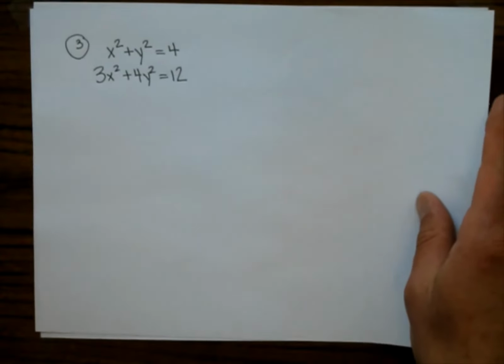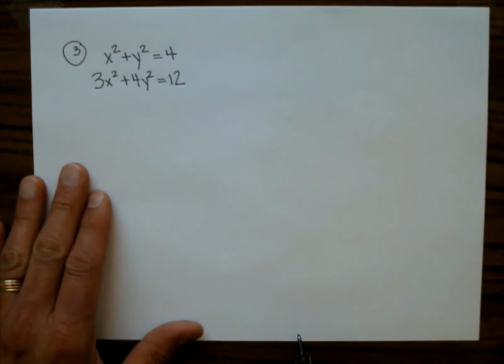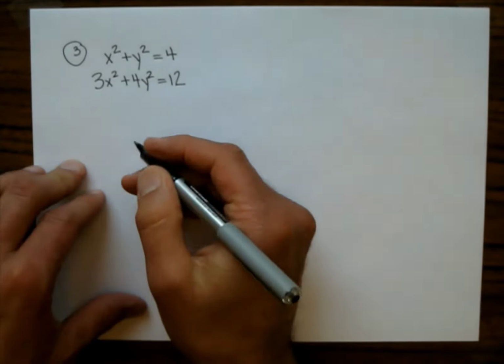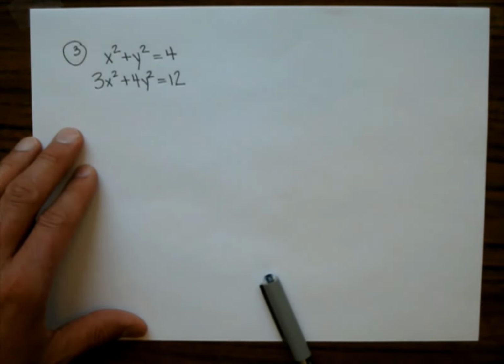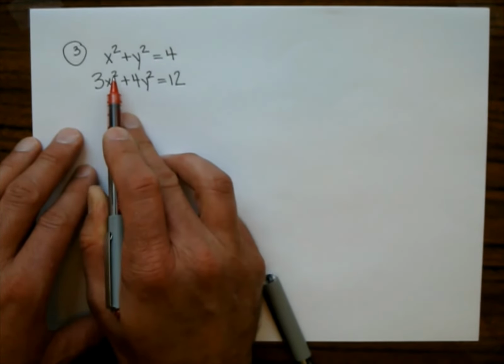Problem number 3, I'm going to keep the ellipse again, and I'm going to change the circle so it's a little bigger. We're going to see what we get for the answer. Multiply the top equation. You want to get rid of one of these letters, x squared or y squared.